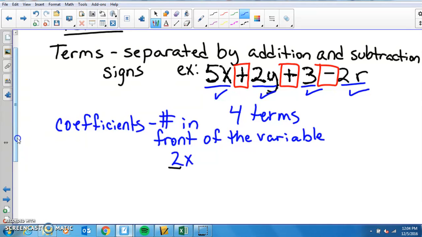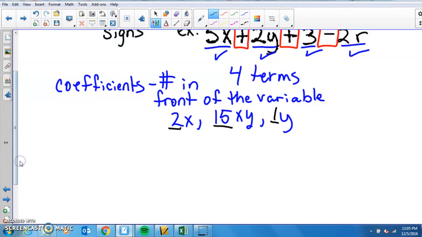If I have 15xy, my coefficient is 15. If I have just plain y, my coefficient is understood to be 1. Remember, if a variable does not have a coefficient, it is understood to be 1.